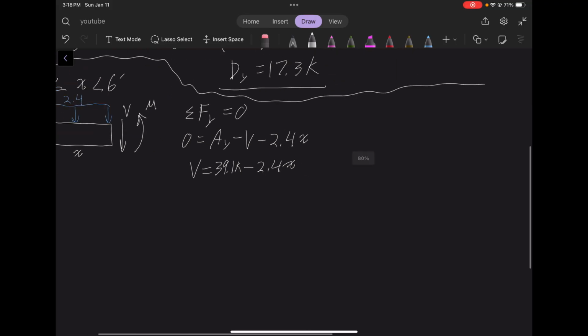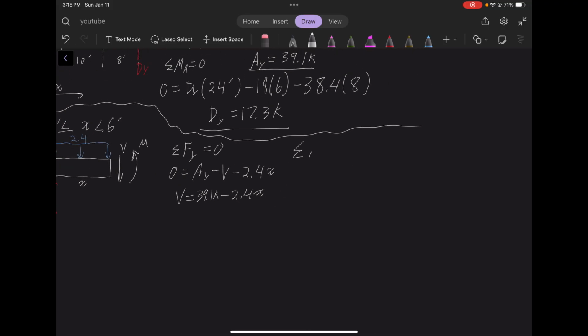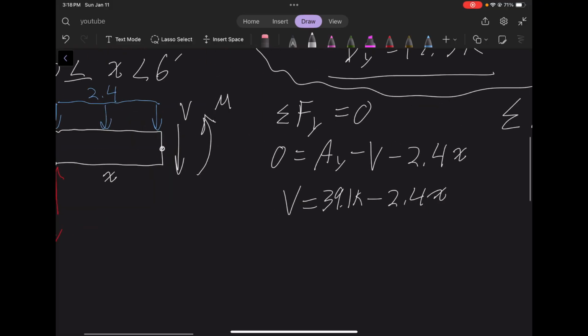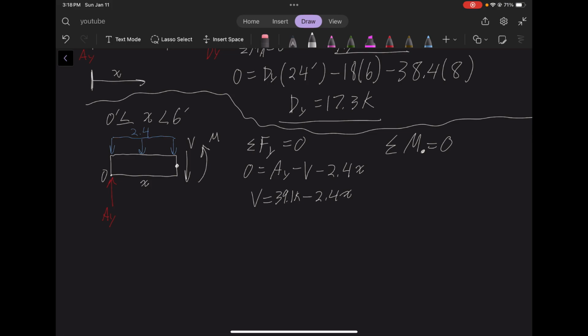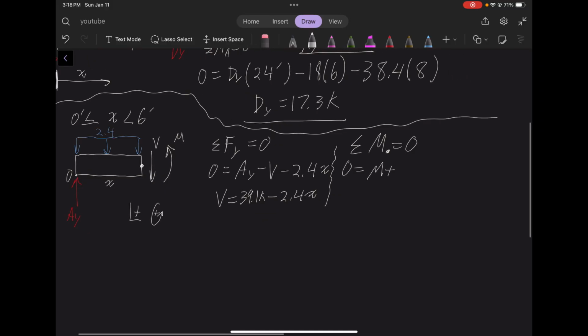So let's do that. We'll do the sum of the moments about my point equals 0, and my point being right here. So 0 equals, again, when you're summing moments and you have a moment, you're not multiplying by a moment arm or anything, you're just adding it. If we have our positive convention like this, it will be M plus, and here it gets tricky now, 2.4x times x over 2.